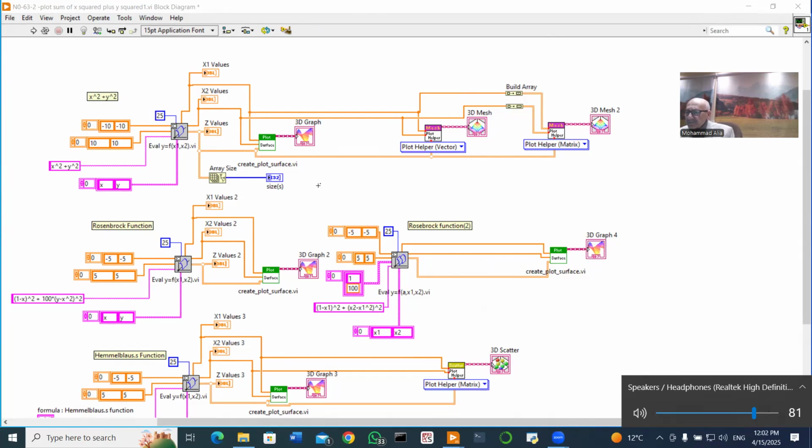In this lecture, there is a facility in LabVIEW where we can plot surfaces with 3 dimensions without using the mesh grid function or mesh grid VI.